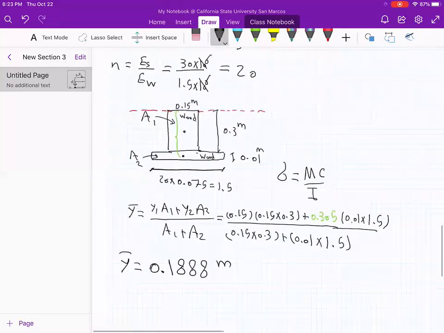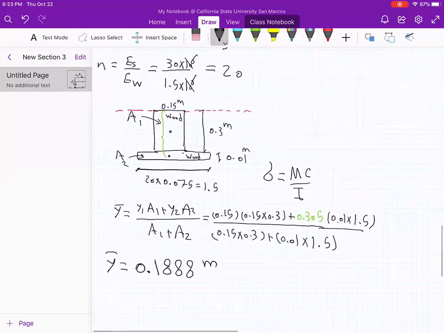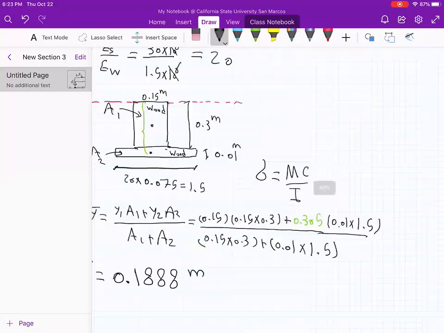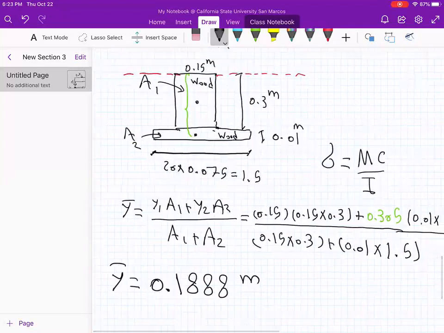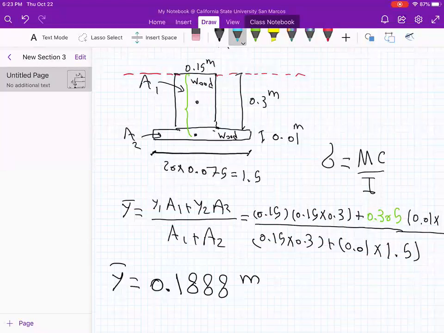Okay, now we have Y bar. Y bar is fine. Y bar, for example, it's maybe here.